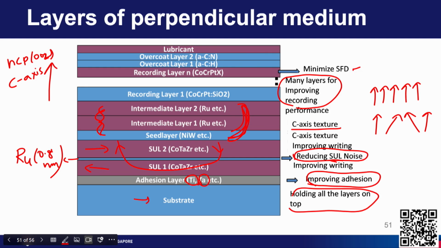Then later we have two carbon layers. This layer prevents all the other layers at the bottom from getting corroded. So, the carbon layers are meant for corrosion protection.